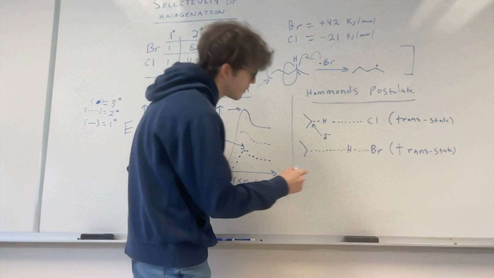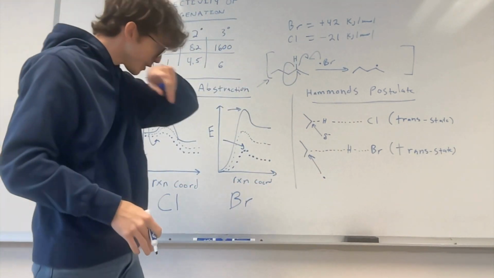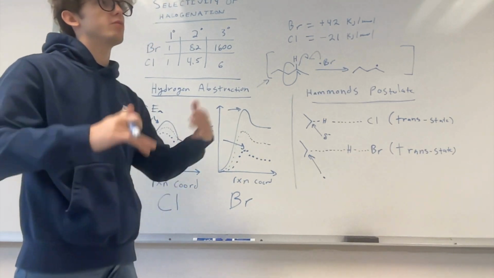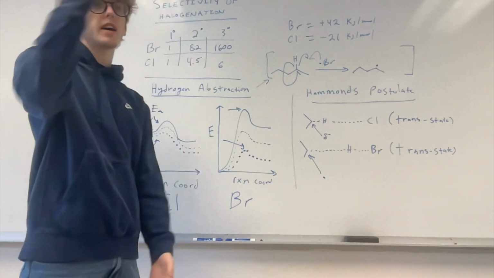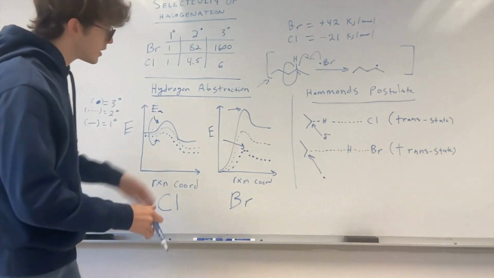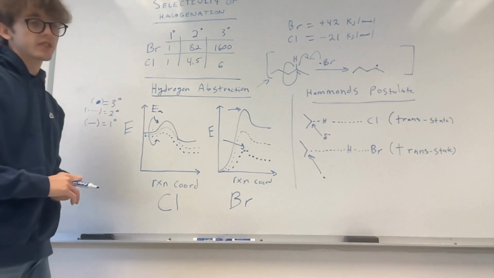This means there is significantly more radical character here. There is basically a radical there. And that radical character is realized, and we know that the differences in energy is only realized when there's a radical there. Here, not so much. Here, definitely. And you can see that. That's why the selectivity is 1600 to 1 and chlorine is 6 to 1.